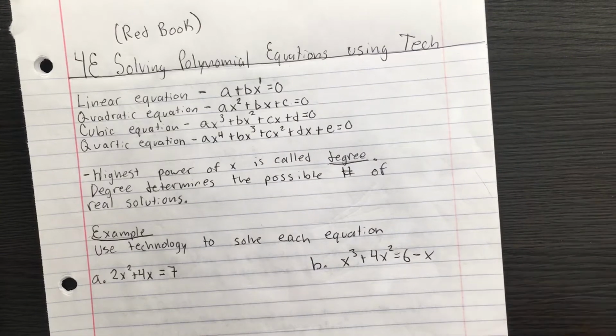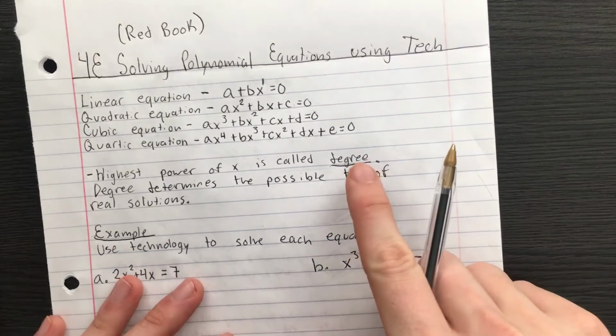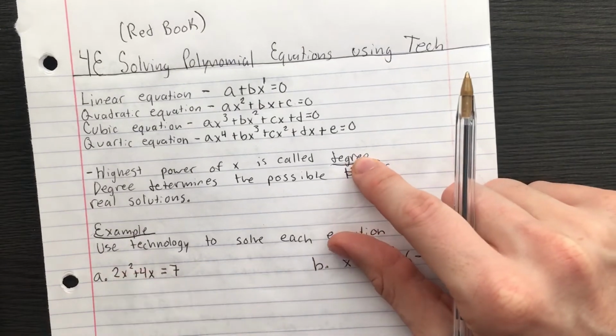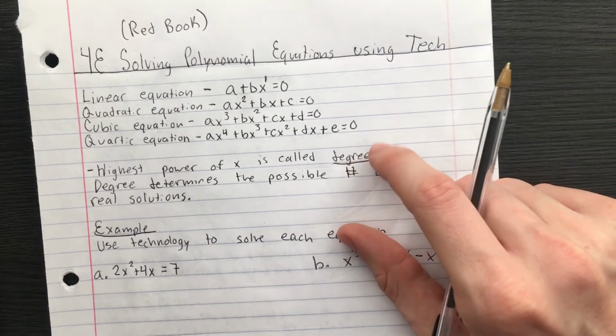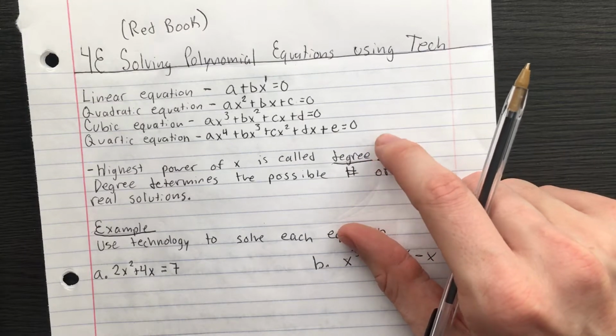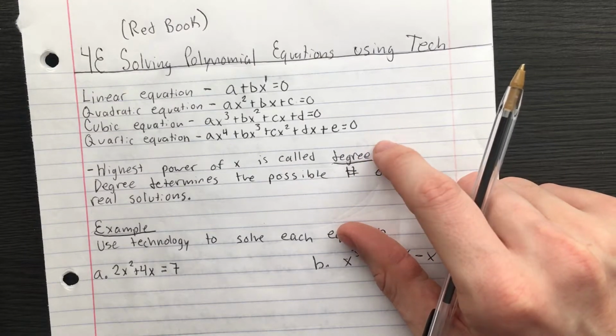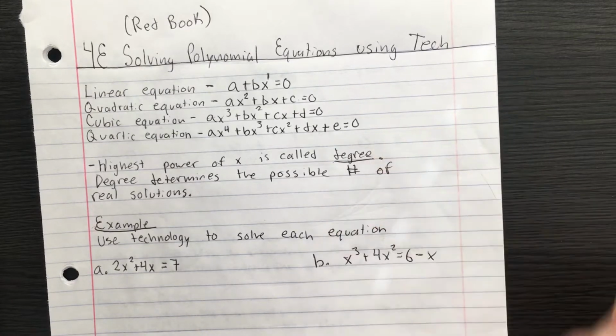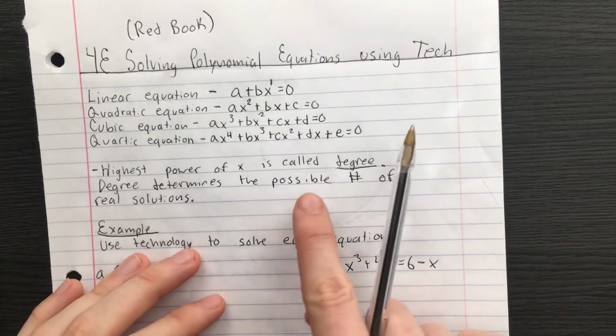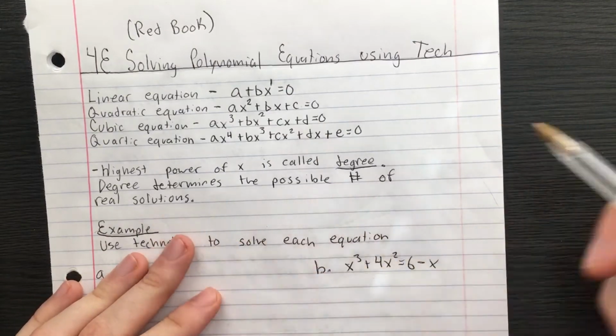So when we're referring to these polynomials, we use the degree to label them. The degree is just the highest number, the highest exponent in the problem. And the degree is important because the degree actually determines the possible number of real solutions.